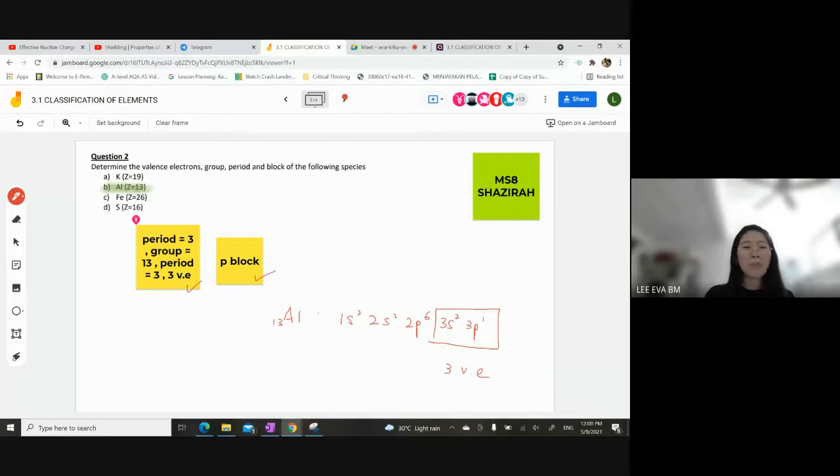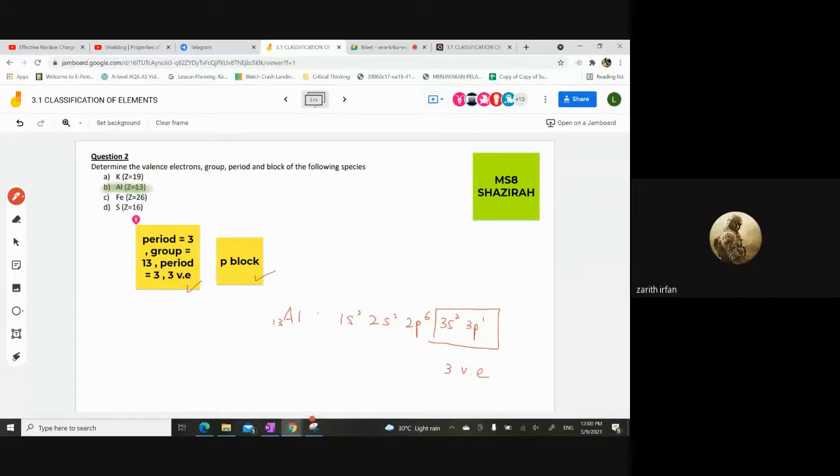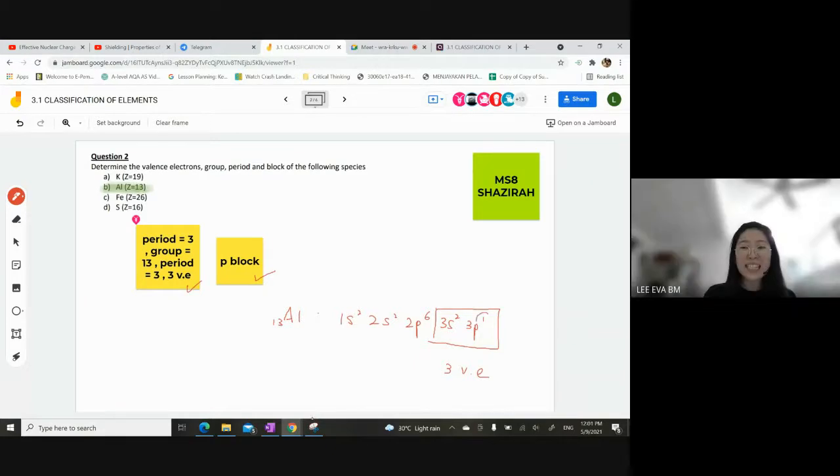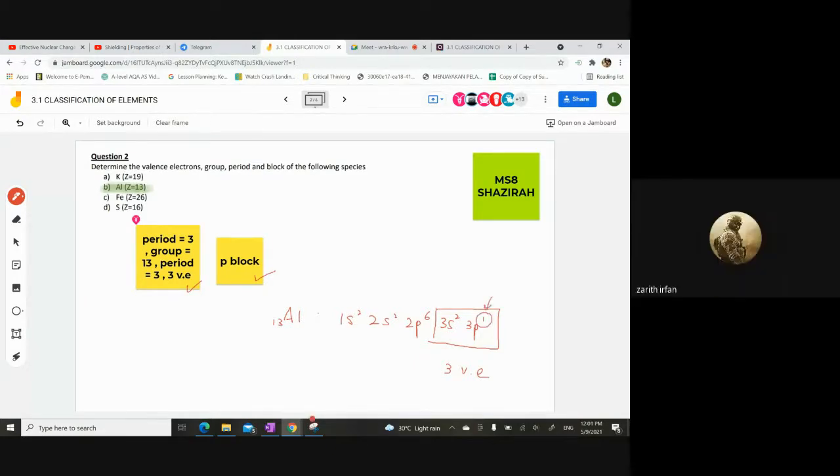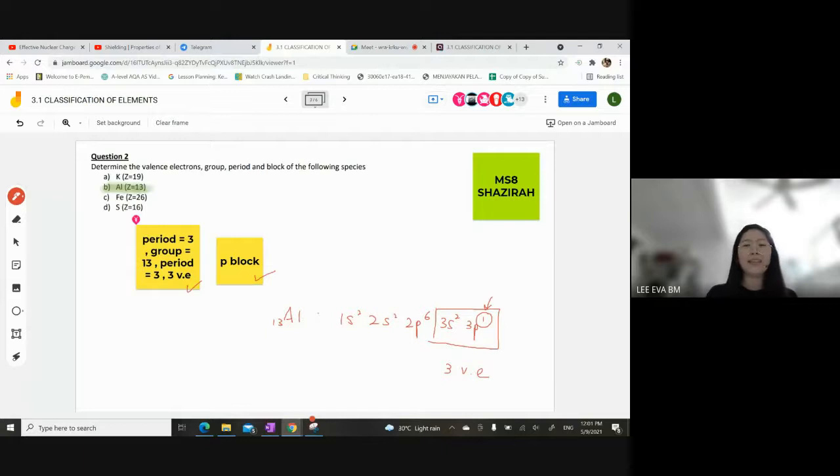Anyone can tell me why P block is correct for aluminium? It's 3p1, because your last electron enters p. Untuk valence electron betul kita ambil semua, tapi untuk tentukan dia punya block, kita tengok pada last electron sahaja. So last electron entering p, so p block.